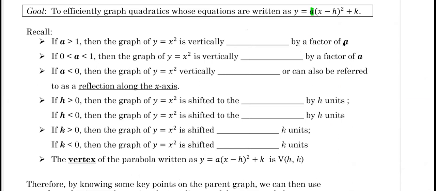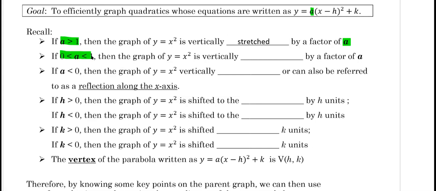So the a value. When the a value is greater than 1, then you have a situation where the graph of the parent, y equals x squared, is vertically stretched by a factor of a. Okay.